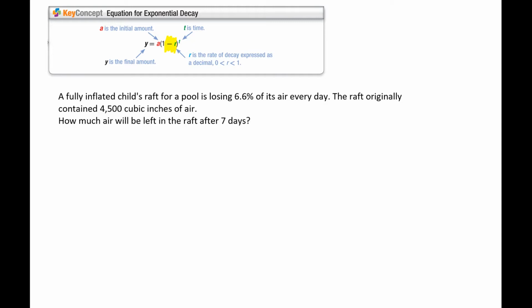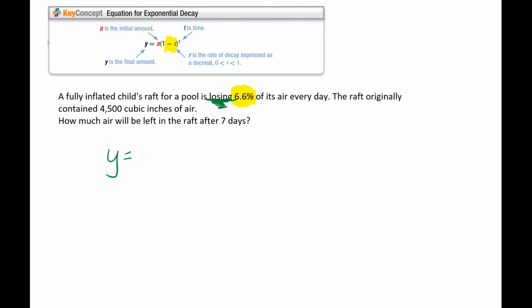How much air will be left in the raft after 7 days? Well, it is exponential something, because I see that percentage. It's gaining or losing something by a percentage. And then even further, I'm losing air. I'm decreasing by a percentage. That's exponential decay, guys.